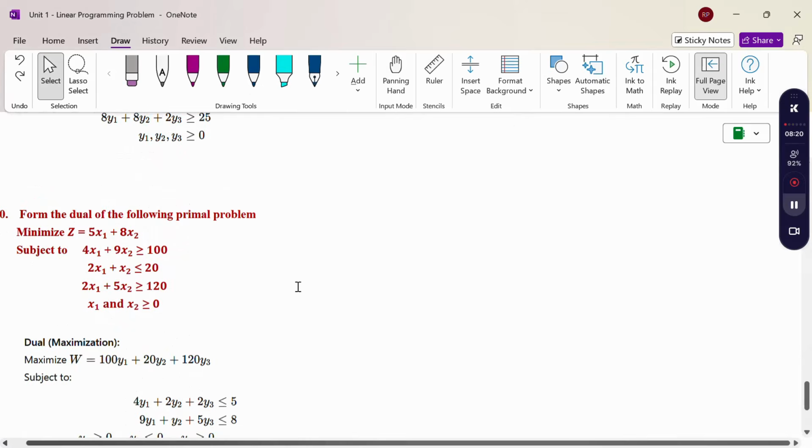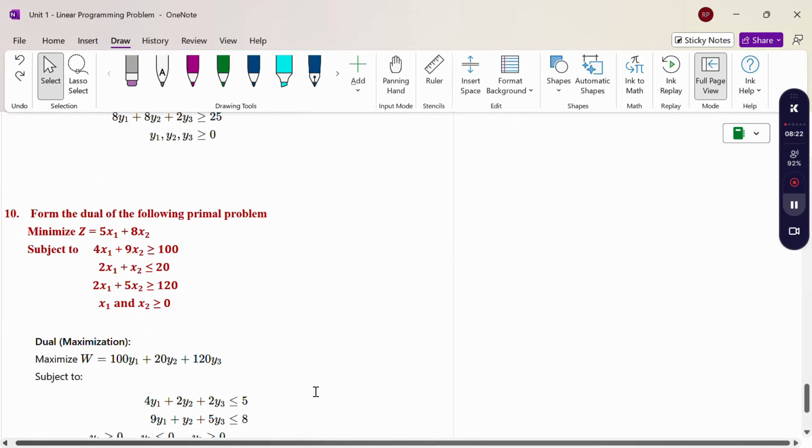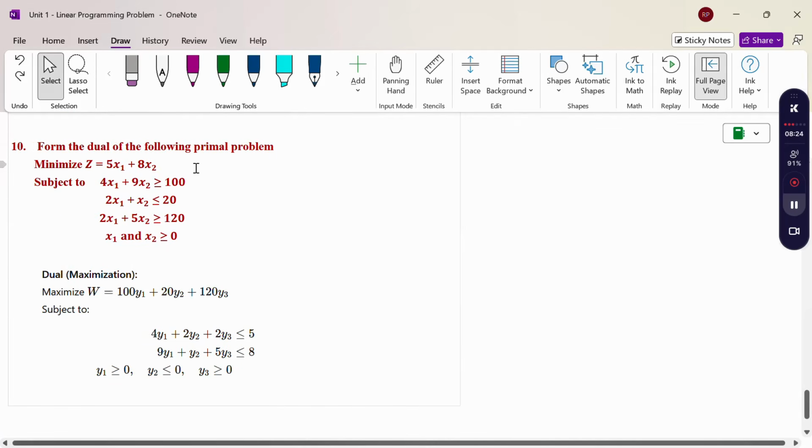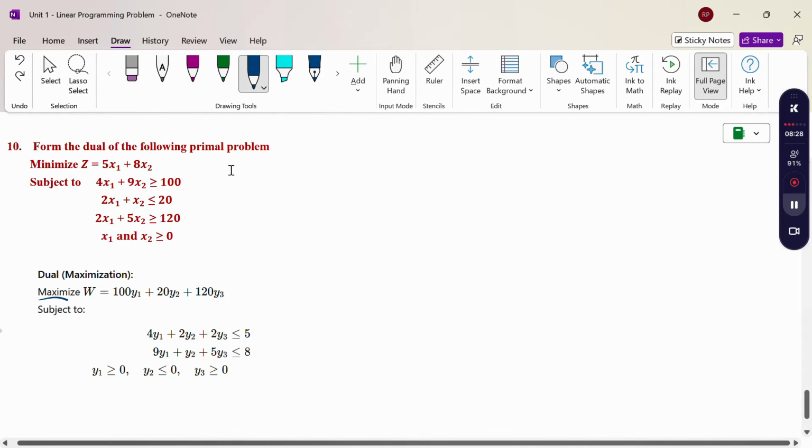And then the next problem: form the dual of the primal. Minimize changes to maximize, and the right hand side values give the objective function: 100y1, 20y2, 120y3. The objective coefficients go to the right hand side: 5, 8.